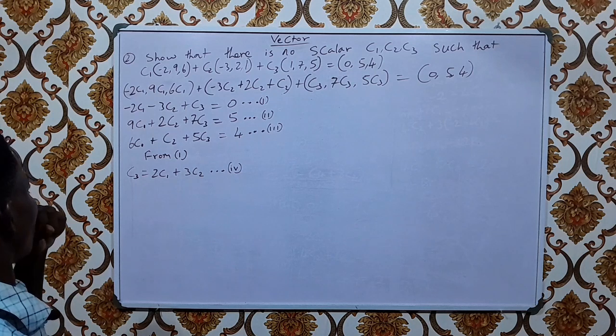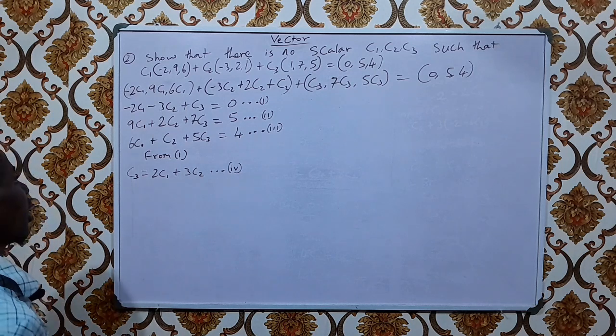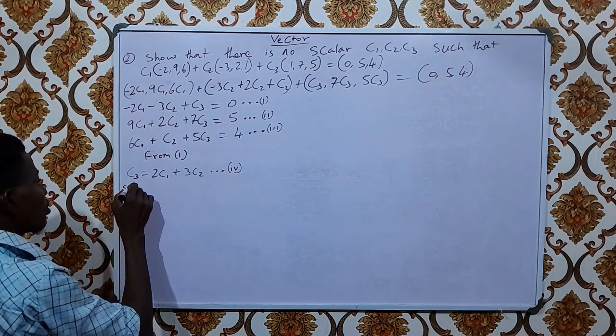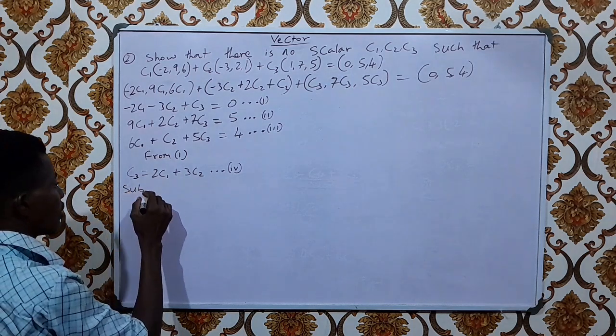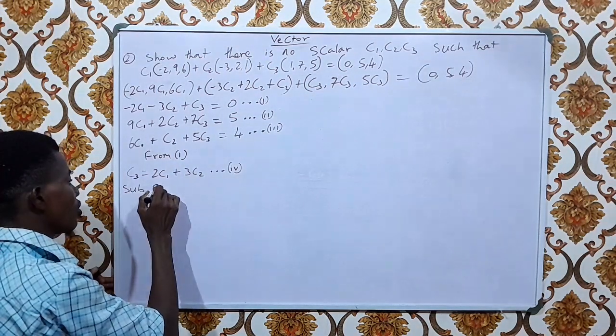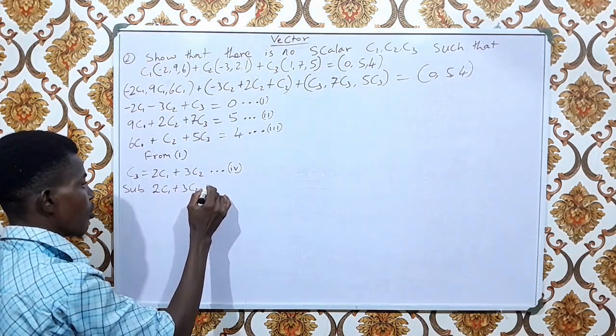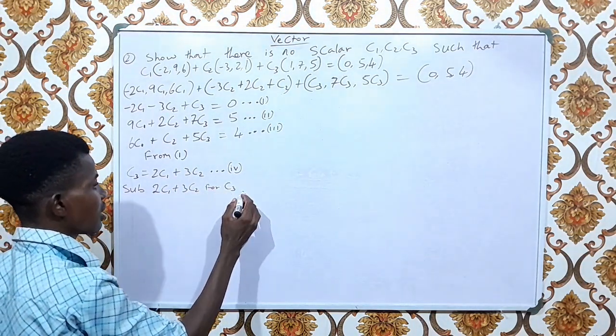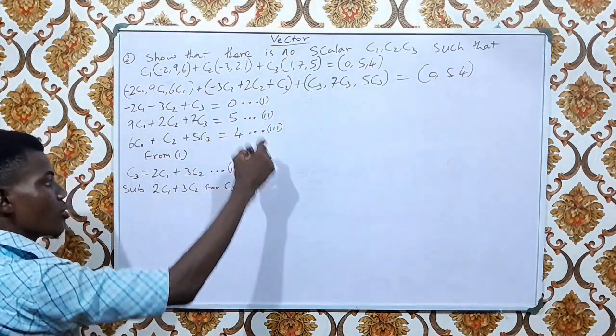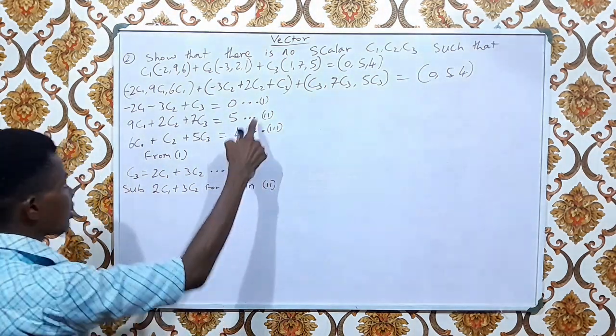Then I can now substitute 2C1 plus 3C2 for C3 in equation 2.